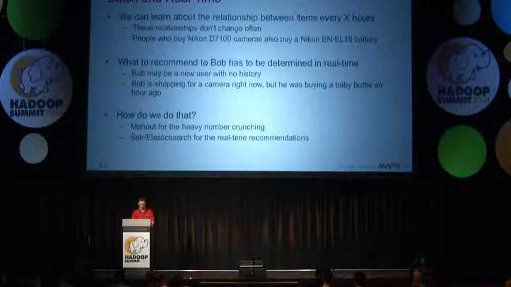And taking into account that Bob might be a user with no history at all to start with, or might be shopping for a camera right now, but was buying some baby bottle or whatever an hour ago. The question is, how can we realize that, again, using standard components at scale and in a hopefully reliable way.